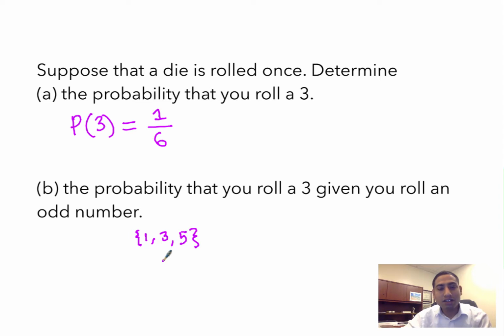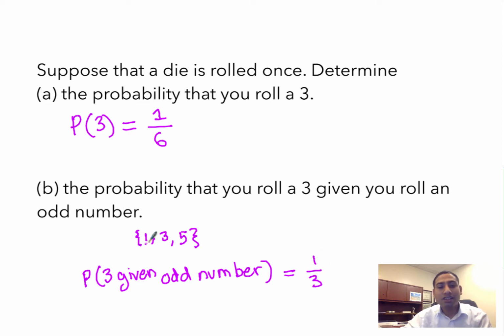If you know that you're going to roll an odd number, then the probability that you roll a 3, so the probability you roll a 3 given an odd number, is going to be 1 out of 3 now, because there are only 3 possible outcomes. So this is the idea of conditional probability.